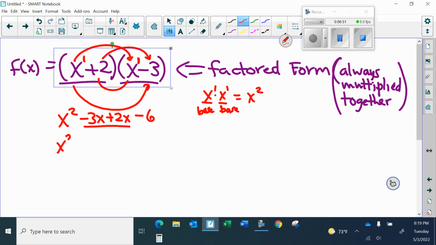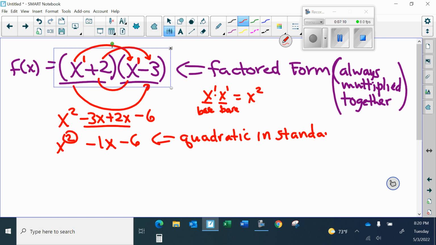So I have x squared minus 1x minus 6. Notice this is a quadratic because it's degree 2 in standard form. So that's what we just talked about.